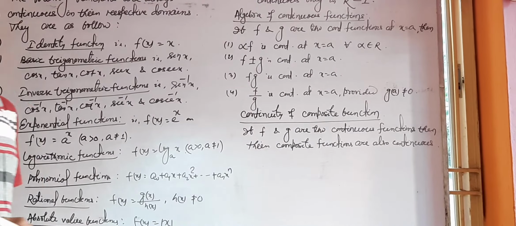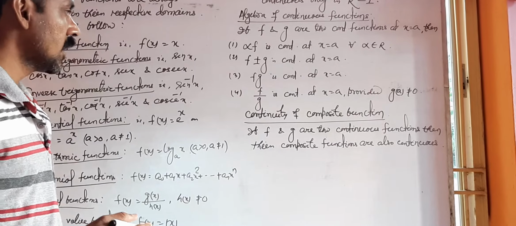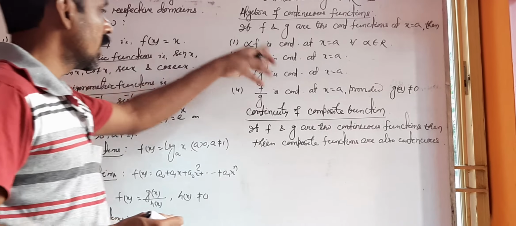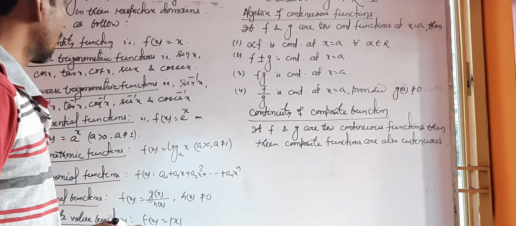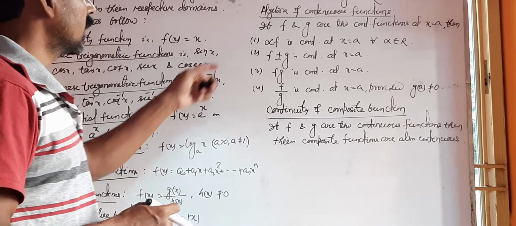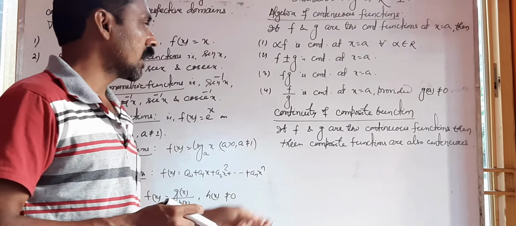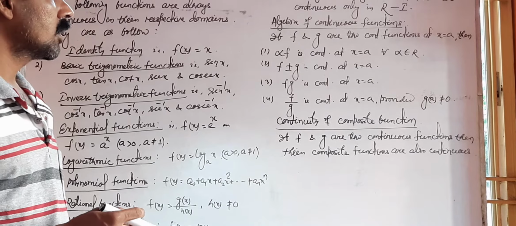That means the composite of two continuous functions is continuous. So this is all about your continuity in an interval, the algebra of continuity and continuity of composite function.